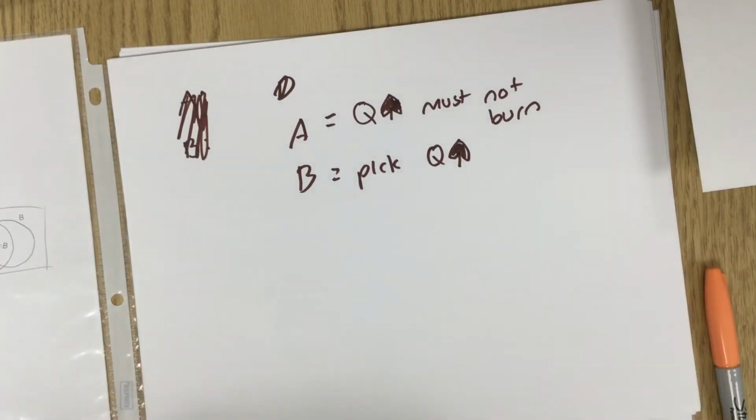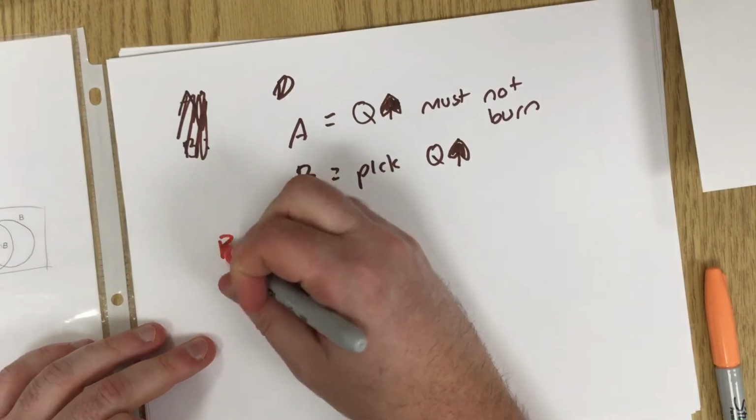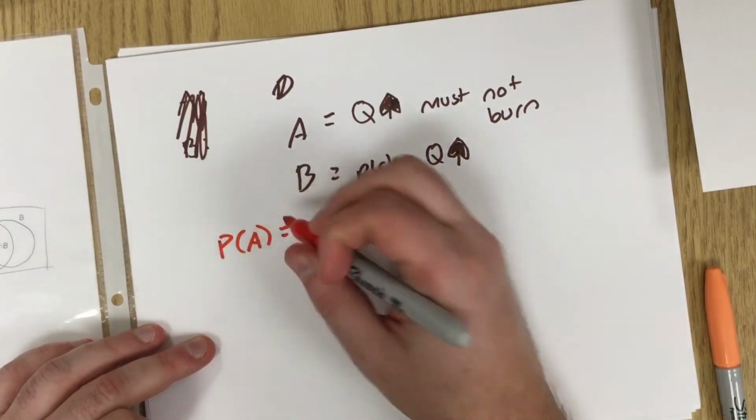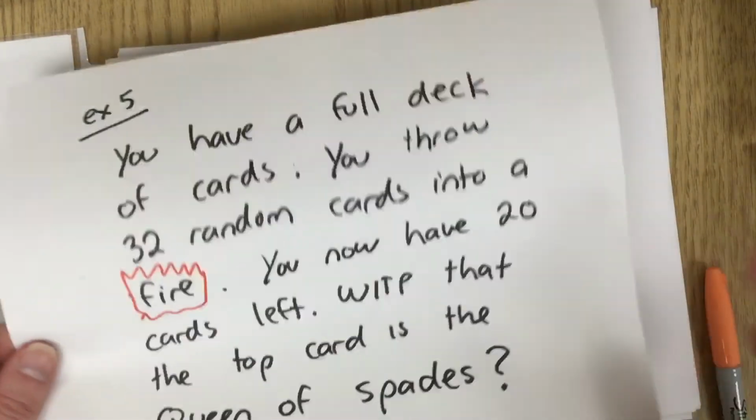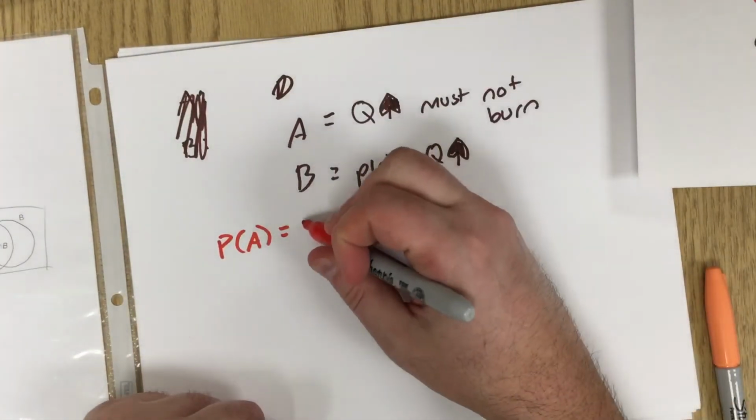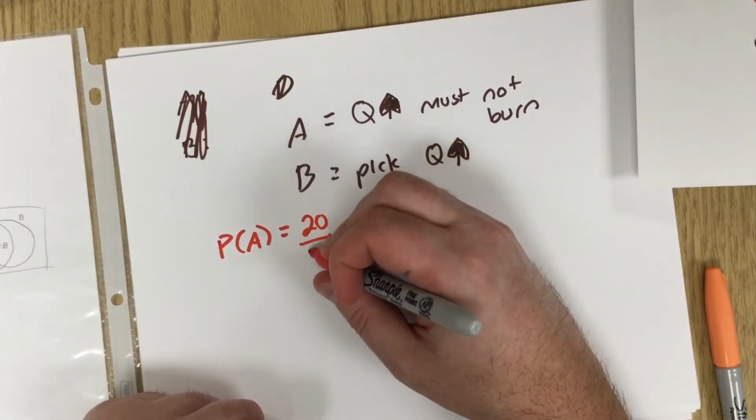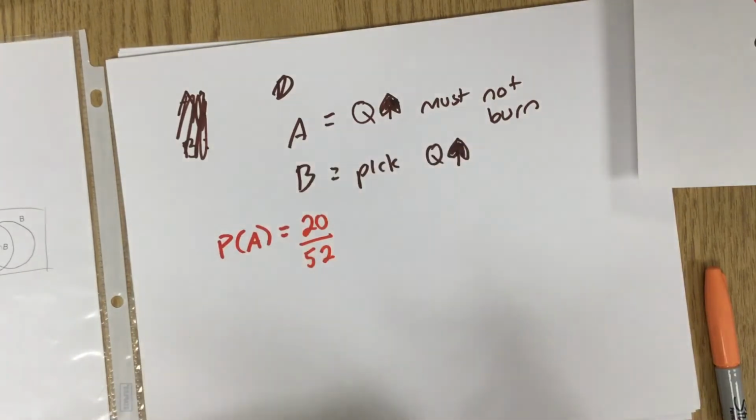So the probability of A, the probability of not burning the Queen of Spades, so there were 20 of them that we didn't burn, is going to be 20 out of 52.